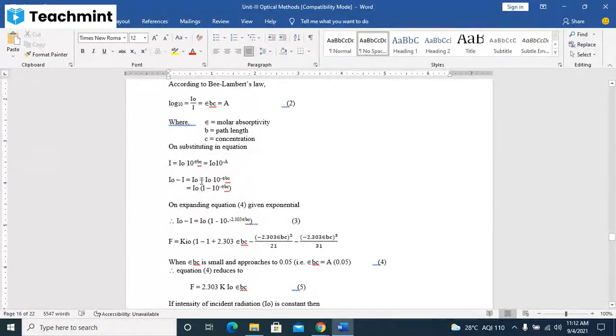Then I0 minus I is equal to I0 minus I0 into 10 raised to minus epsilon BC, which is equal to I0 in bracket 1 minus 10 raised to minus epsilon BC.